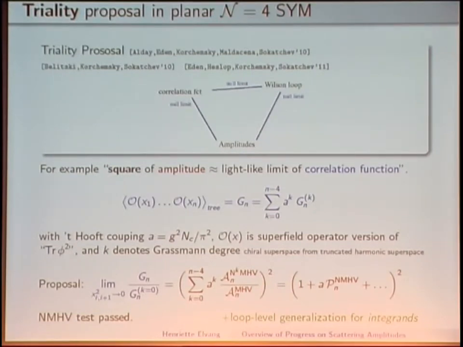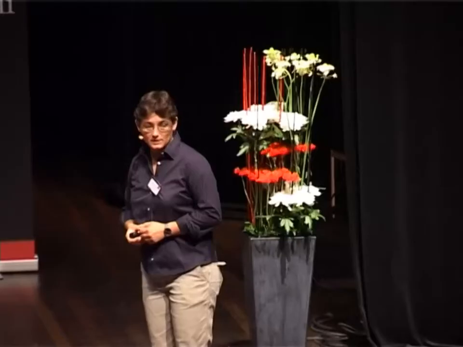Let me just take a step back. If I have a correlation function of operators, then the operators sit at certain points, and the idea here is that I want these points to be identified as the momentum region variables. For me to do this, I need them to be null separated. When I make them null separated, then this object, the correlation function, will blow up. It's divergent.